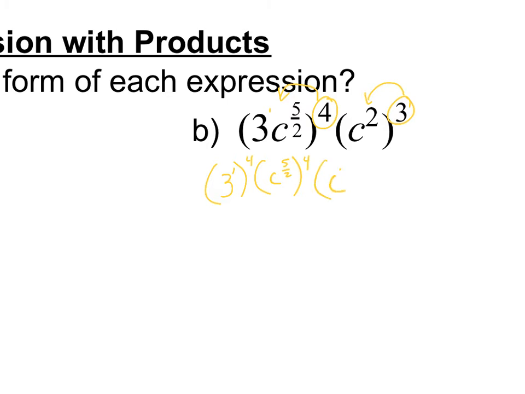We have c to the 2nd raised to the 3rd power. So we have 3 to the 4th. We have c to the 10th, and we have c to the 6th. And this becomes 81 times c to the 10 plus 6, or 81 c to the 16th. There you go.